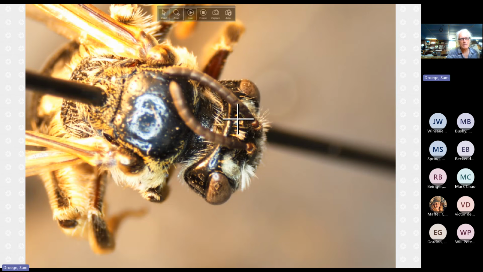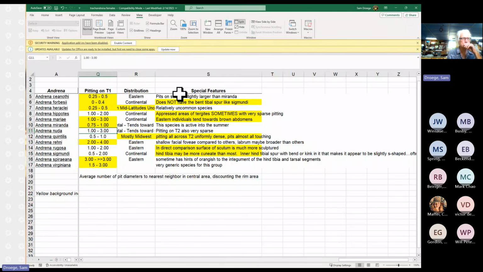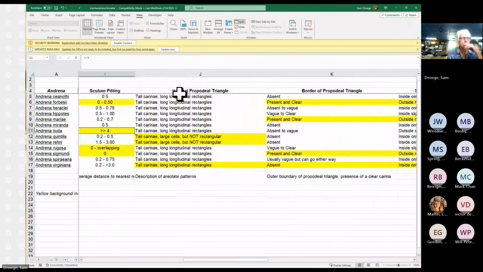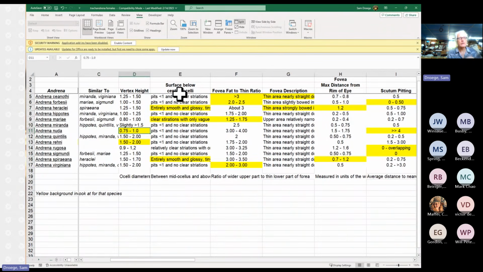There's the back of the head. This ocelli distance here fits in this slot between the two and a little bit more, agreeing in general with a very short distance to the back of the head. As we said here, near the front, that one 0.75 to 1. So that's good. Then the last one that we had, but we really don't need it, but again, it's good to just review the characters.